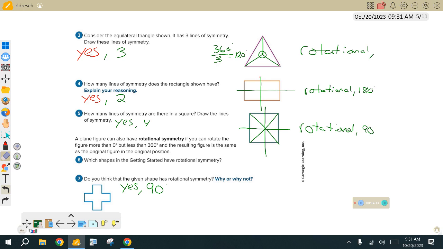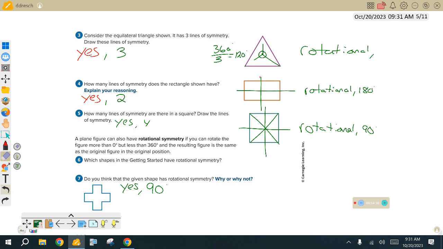So if I turn that patty paper, if I turn that triangle 120 degrees, if we were to get our protractors out from yesterday and did exactly what we did yesterday, and we put our compass right here and turn that 120 degrees, this thing would turn and land on itself.